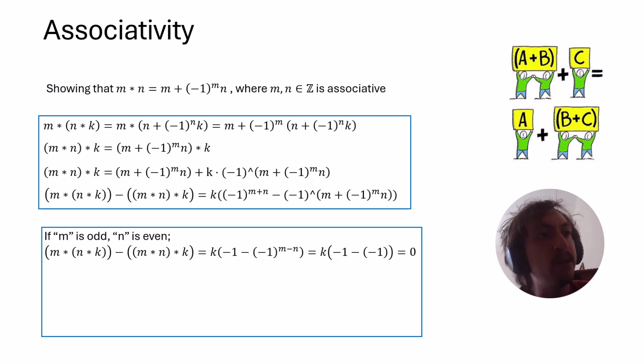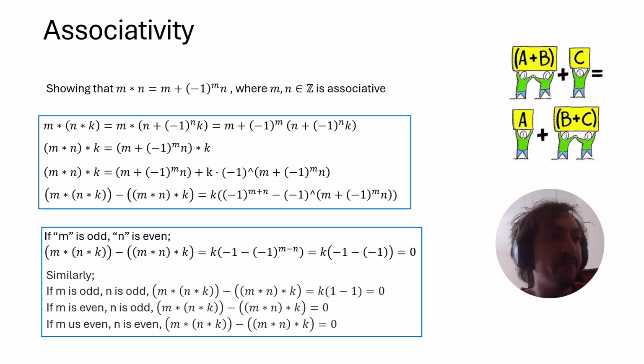So if the magnitude of m is odd and the magnitude of n is even, we get 0, because we essentially end up doing k lots of -1, -1, and two negatives becoming an add, so we have k times -1 plus 1, or k times 0, which is just 0. And you can show similarly for the other possible cases.